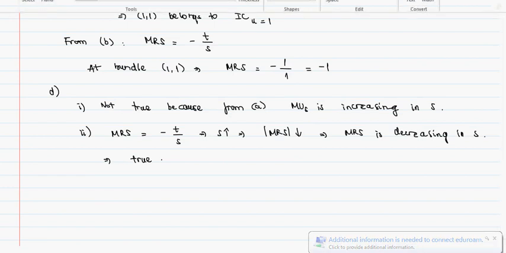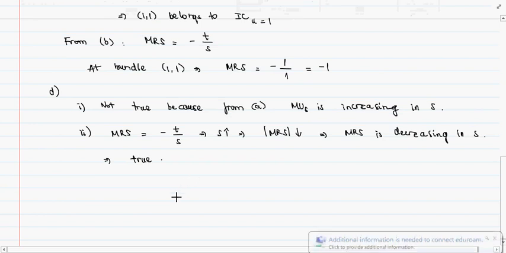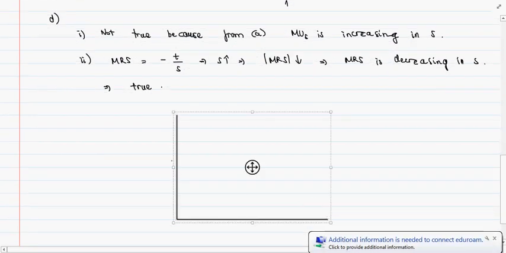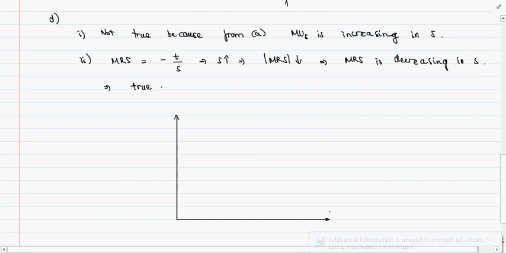By finding the marginal rate of substitution in this way, I am choosing S as the variable on the horizontal. Let me draw a little diagram to make it clearer. If I have an indifference curve like this, you do not have to put S on the horizontal and T on the vertical.